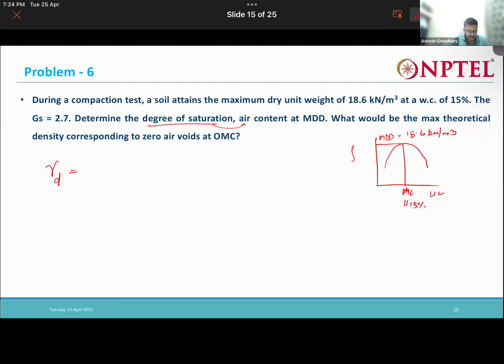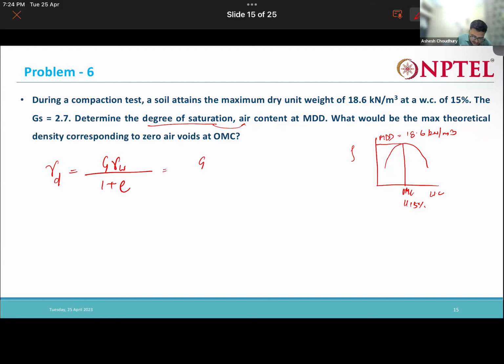If you can recall, the relation between the dry density and the void ratio was nothing but G gamma W by 1 plus e, right?